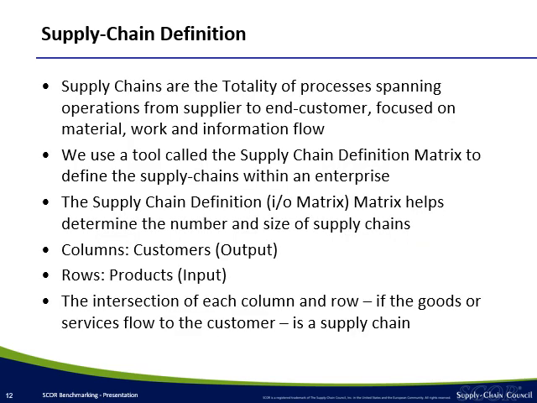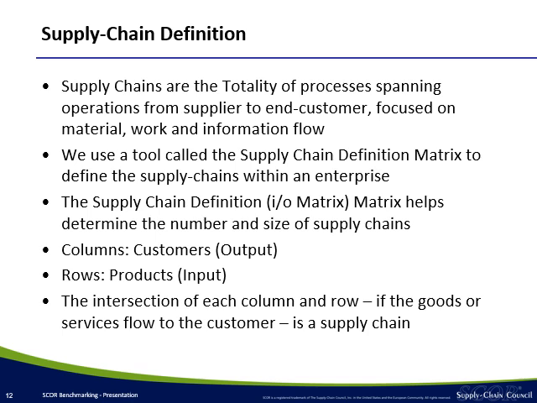So the first one is supply chain definition. Once again, in any company, we don't have just one supply chain. We have different supply chains. Why? Because we have different products.